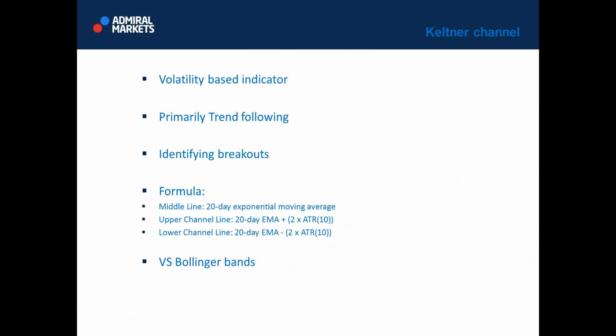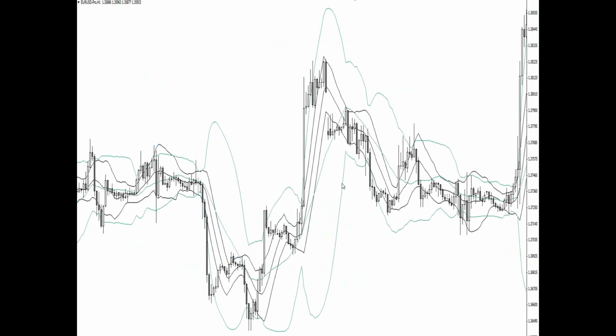So Keltner uses an exponential moving average, which is more sensitive than the simple moving average which Bollinger Bands use. Keltner channels are smoother than Bollinger Bands. Okay? But standard deviation has a larger range than average true range. And that is what we come to see. Look at Bollinger, which is green, and look at Keltner, which is black.